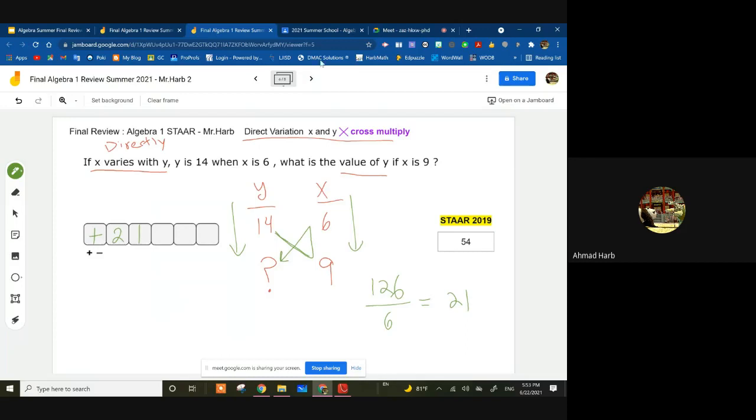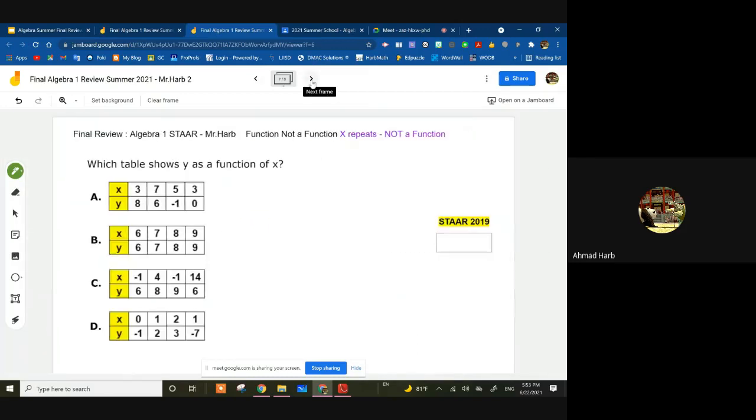The next question is, which table shows y as a function of x? Now the rule is, if x repeats, I only look at the x, I don't care about the y, it's not a function. So in this case, you can look at the x only. The x 3 and the x 3, they are repeating, so this is not a function. If the x repeats, that's not a function.